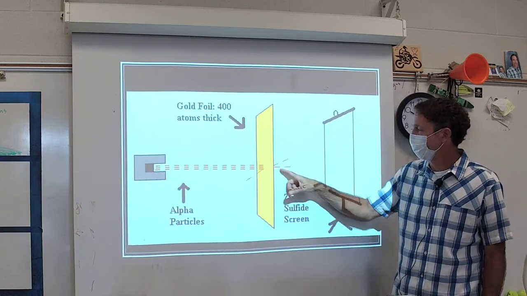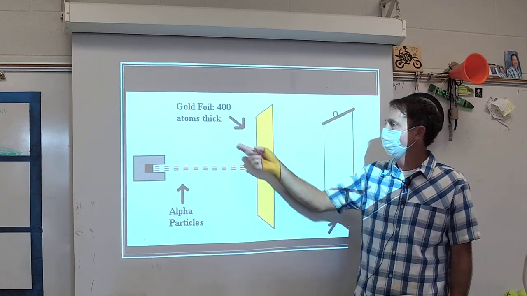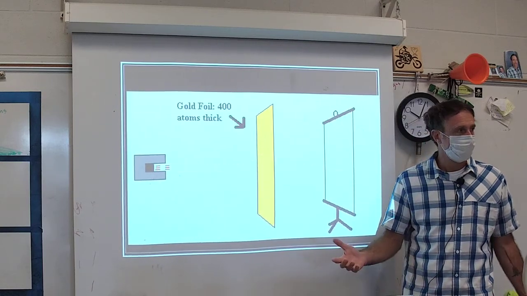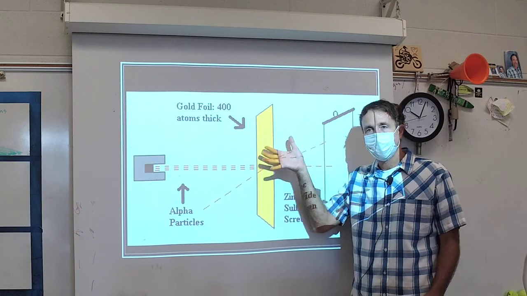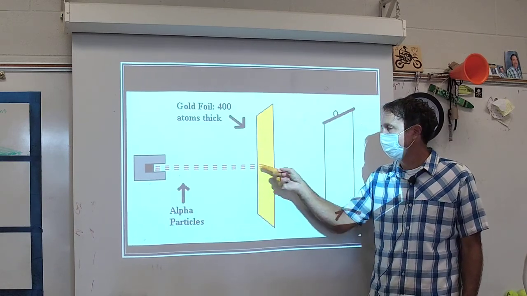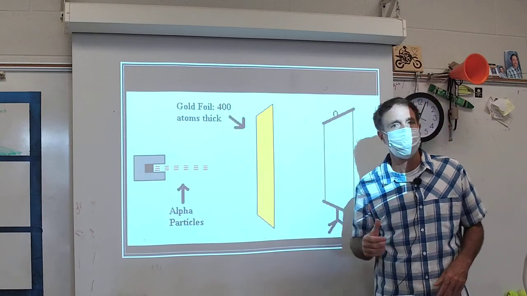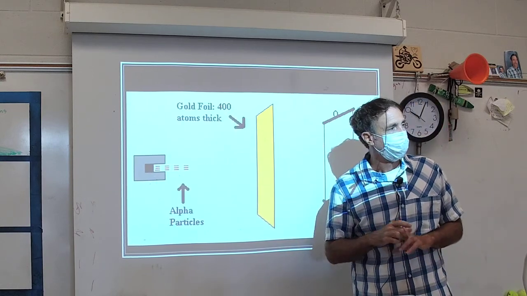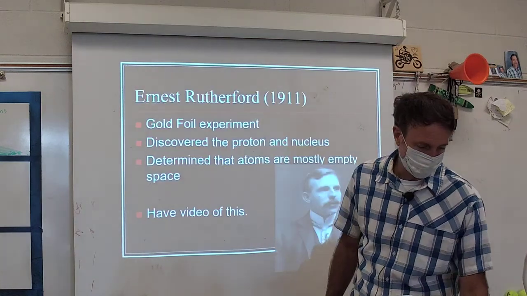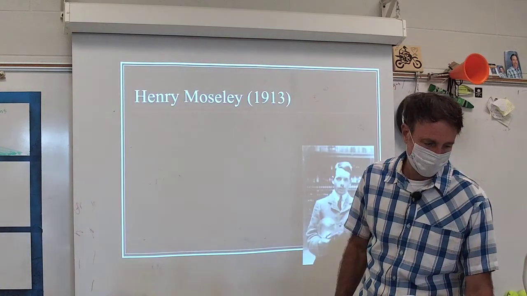Then some of them bounced off at an angle, and some of them even went backwards, okay? So what must an atom have if it can cause these nuclear bullets to deflect? It must have a solid place in there. So he ended up discovering the nucleus, okay?